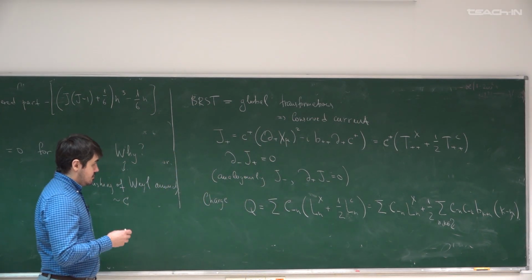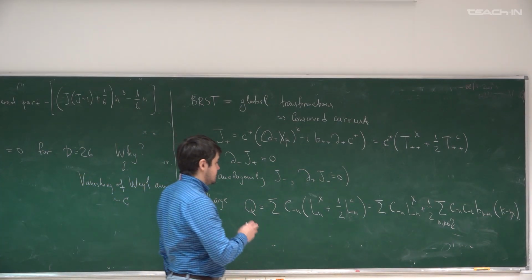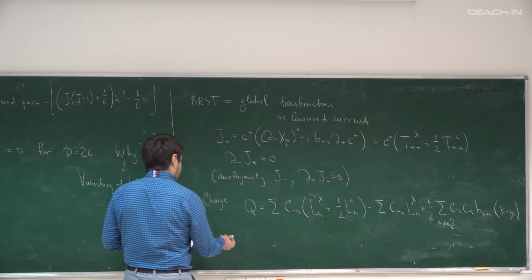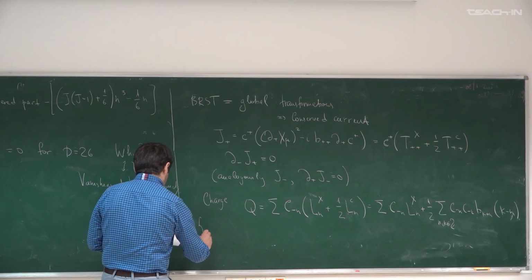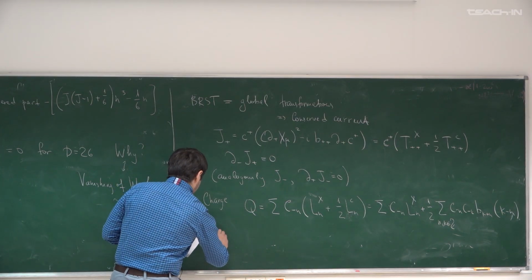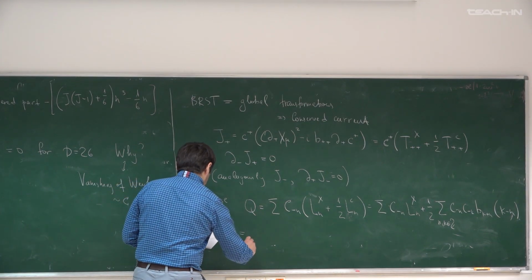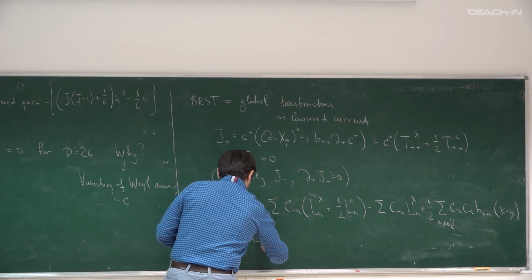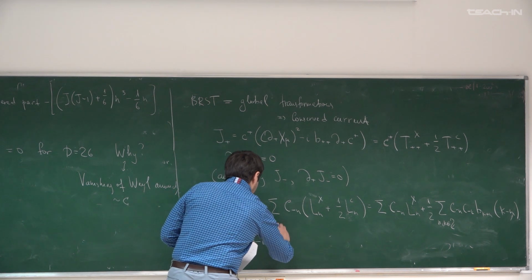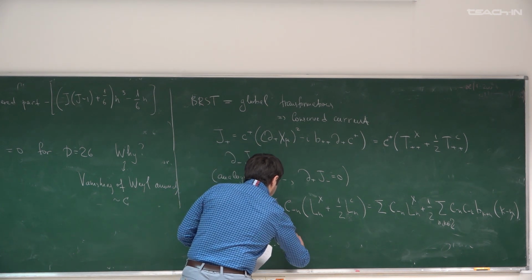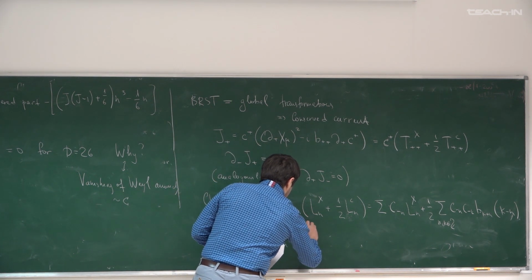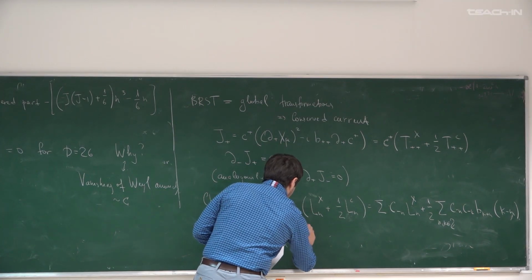Also, another nice property of this particular combination is that the anti-commutator of Q with b n is L n. So this is L n X plus L n ghost, L n C.